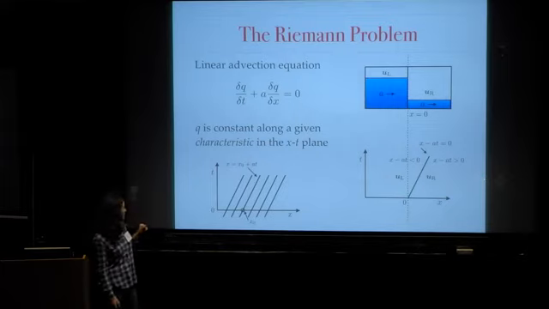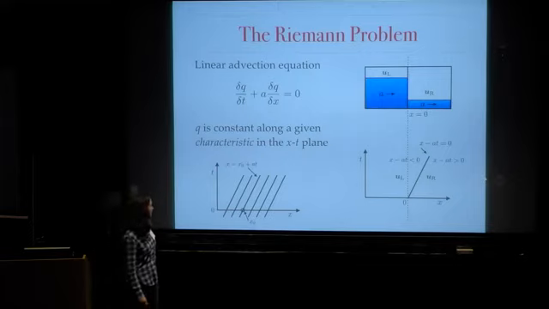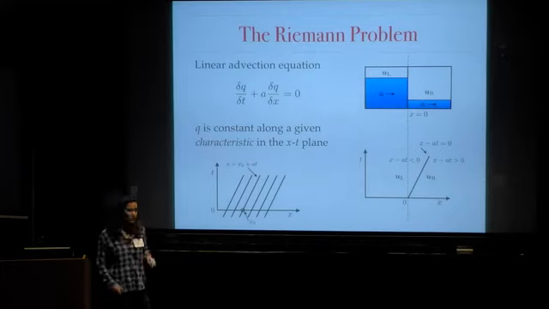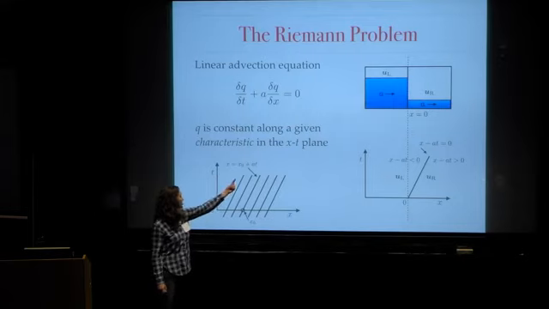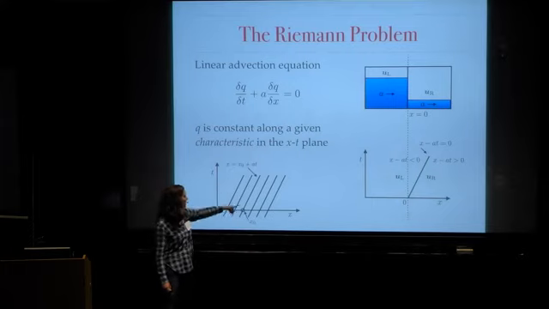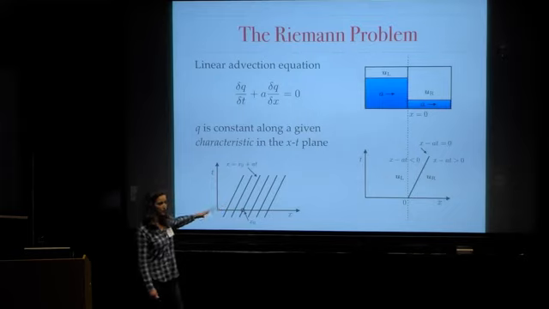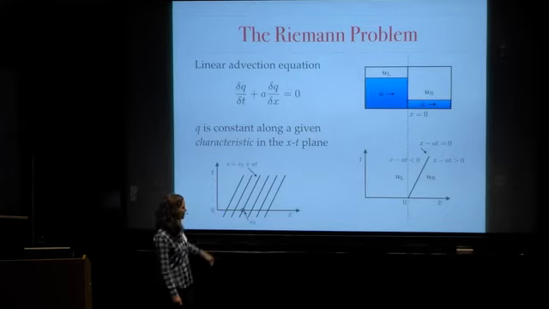What we find is that this value q is going to be constant along a characteristic in the xt plane. I know you saw some of this in the last lecture, but it's worth pointing out that this is basically saying that as long as I know the value at x naught, then if I follow this characteristic, which has the form x naught plus at, the values of those variables do not change along that characteristic.